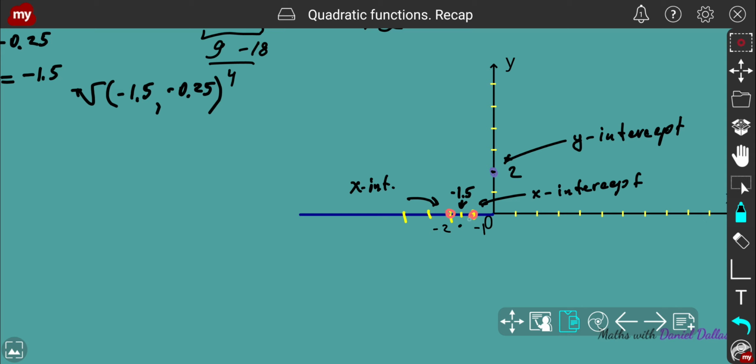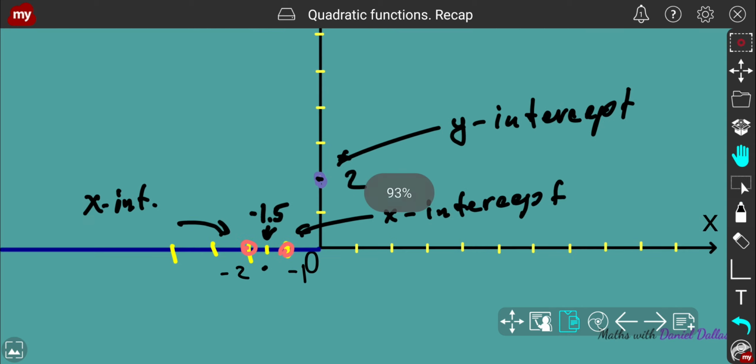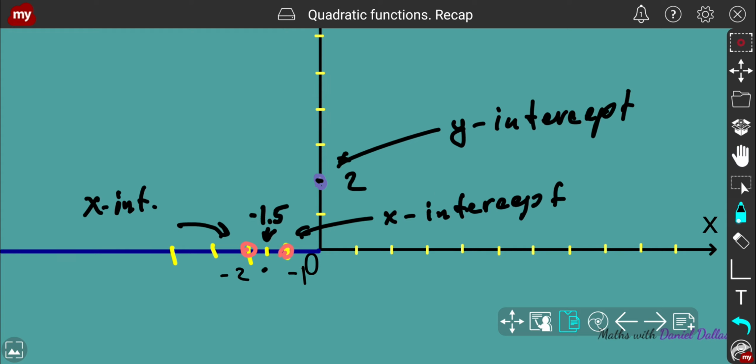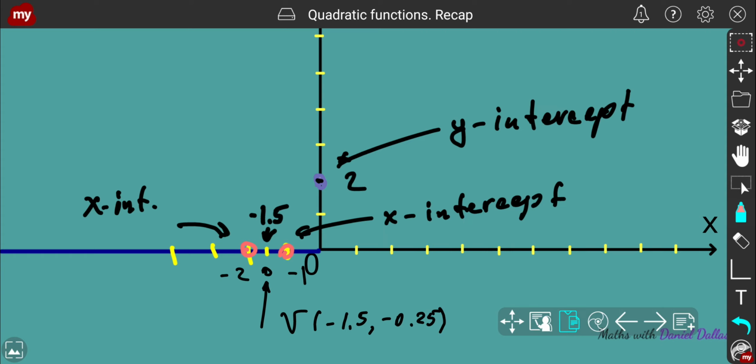So very, very close to the x-axis. So we've got the vertex point right there, and this is the vertex with coordinates negative 1.5 and negative quarter or negative 0.25. So we set up the vertex, also marked as that, and actually it's ready to go.